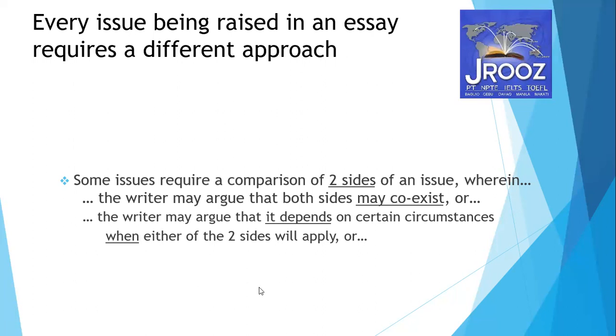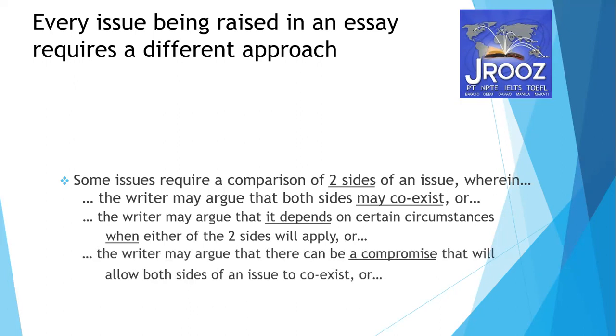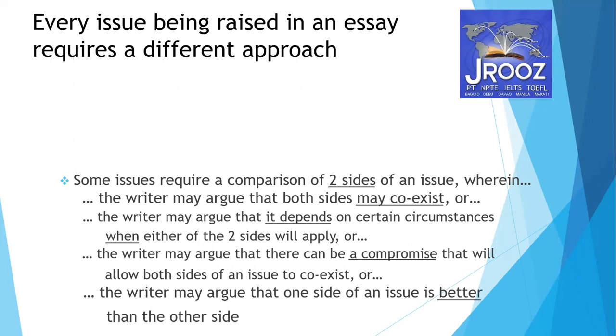Or the writer may argue that there can be a compromise that will allow both sides of an issue to coexist. Or the writer may argue that one side of an issue is better than the other side.